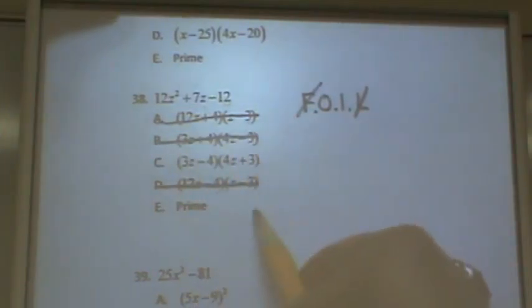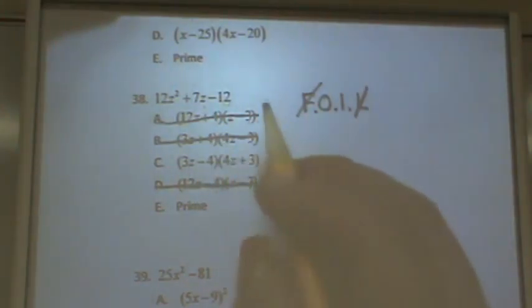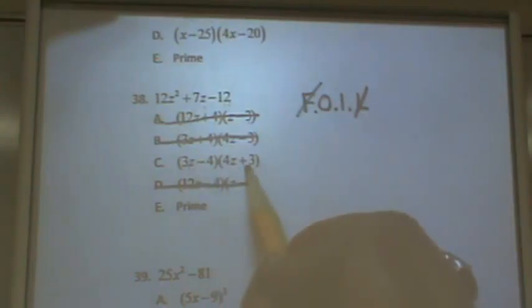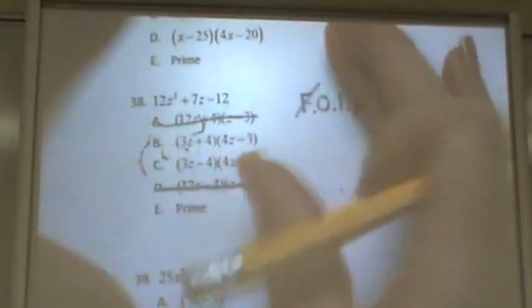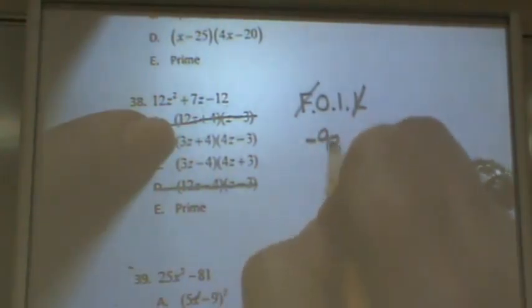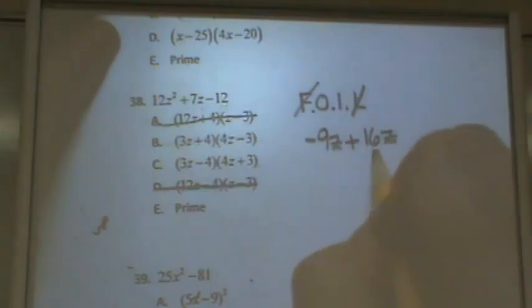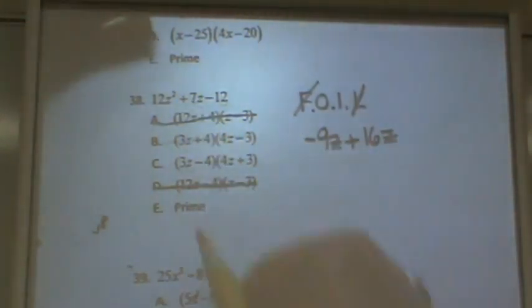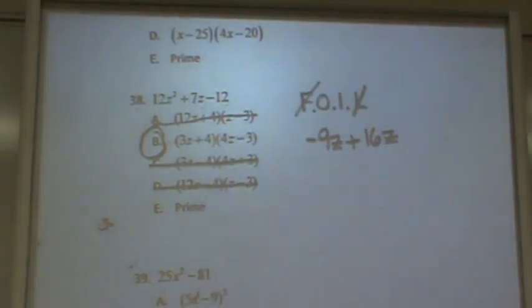How about C? 9 and negative 16. Does that work? I'm sorry, go back to 38. 38B was correct. Now that I'm thinking about it, this is negative 9 and then positive 16, and that does add to be 7. So it was B. The other one is going to give you the wrong sign. So B is the correct answer.